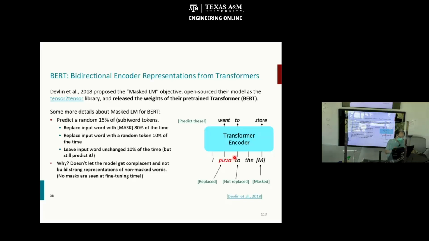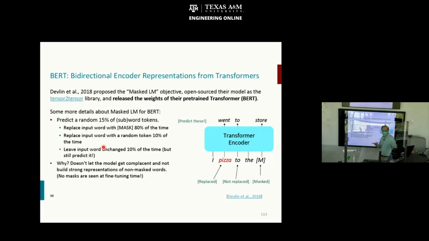You replace the input word with the special mask token, but only 80% of the time. For another 10% of the time, you replace this input word by a random word that's not a mask.